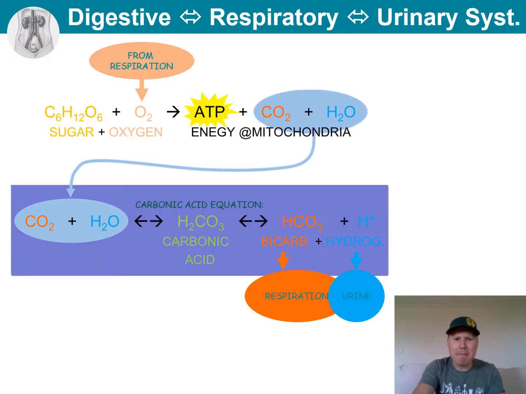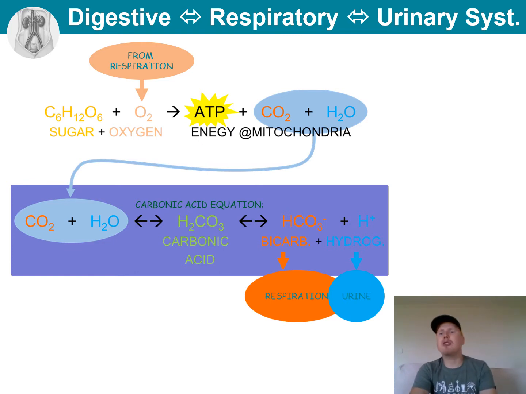You might remember this diagram from the past. When we think of why to study the urinary system, we find ourselves once again looking at these connections between various systems.